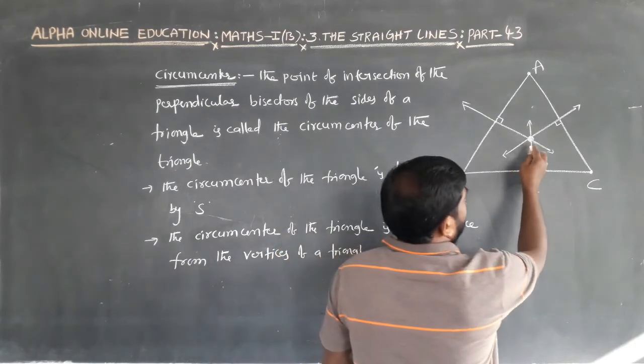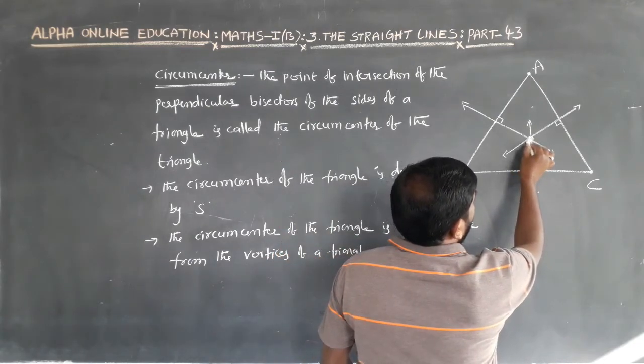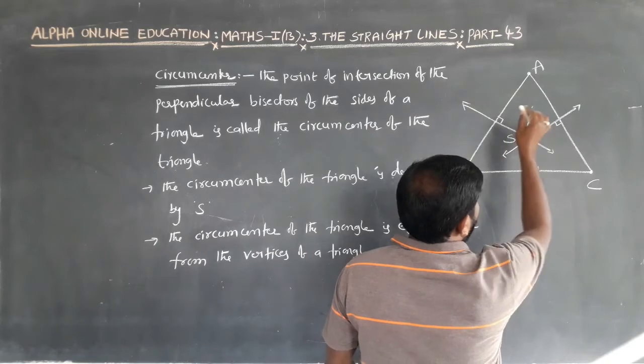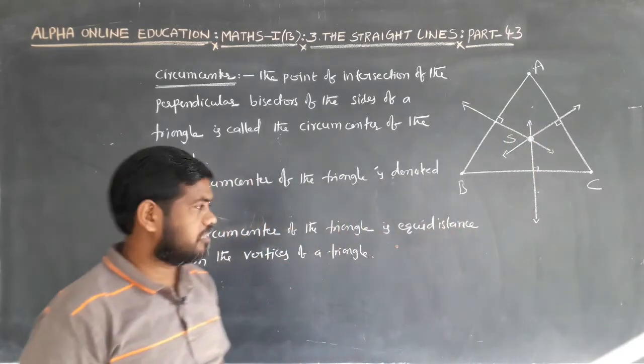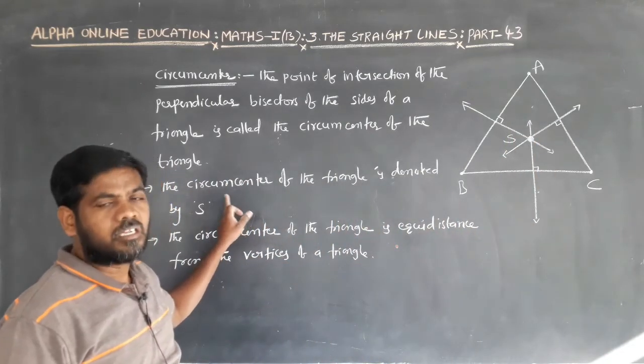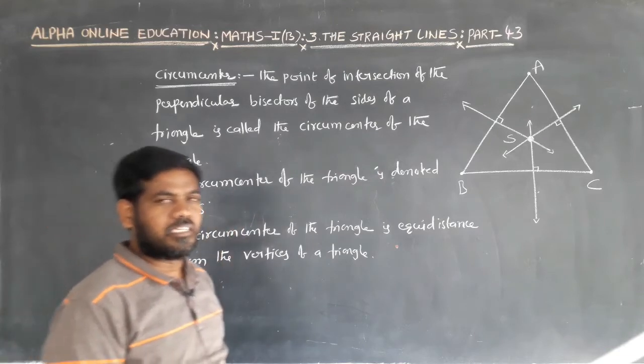The circumcenter of a triangle is denoted by S.